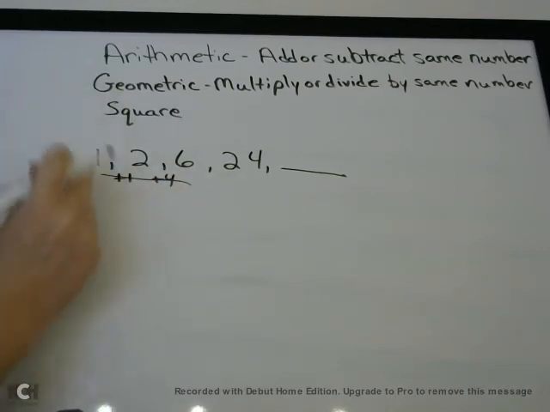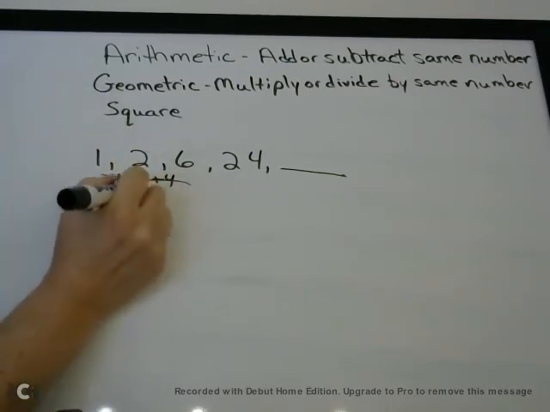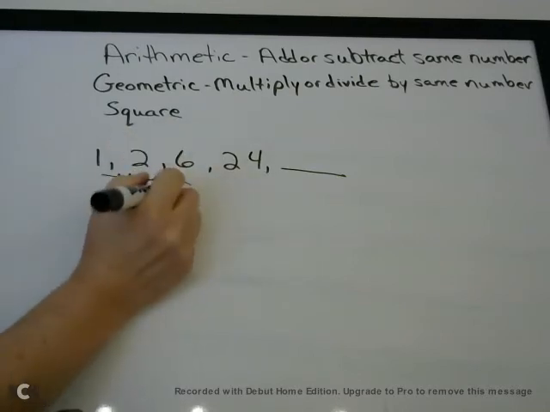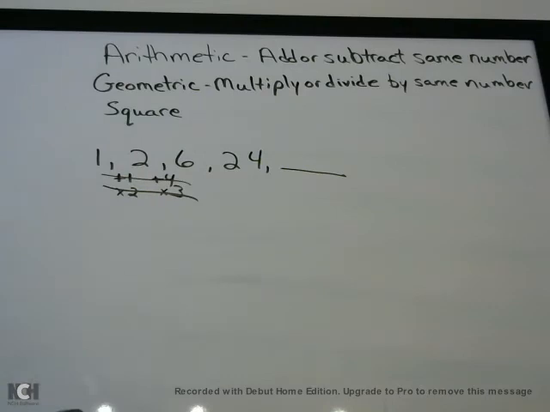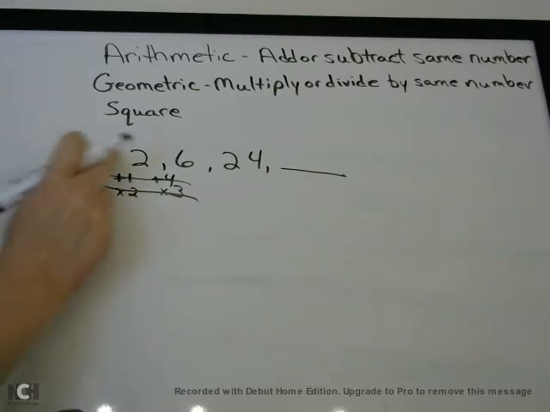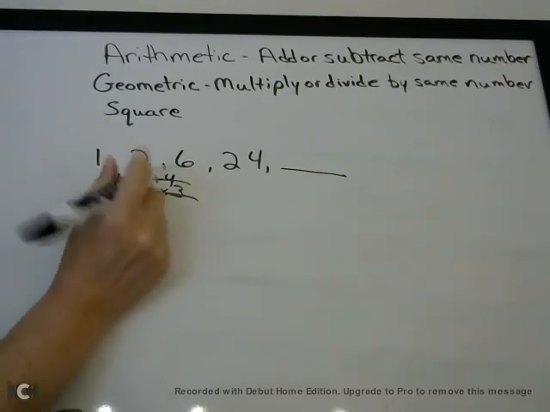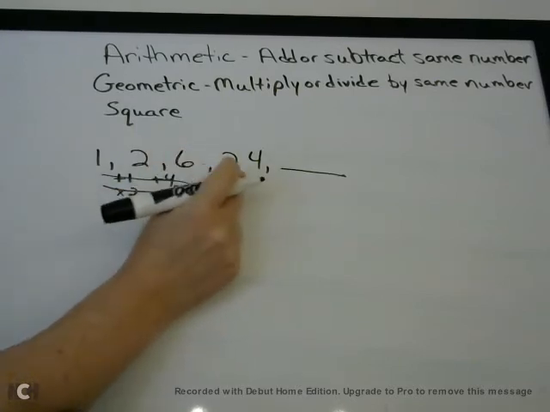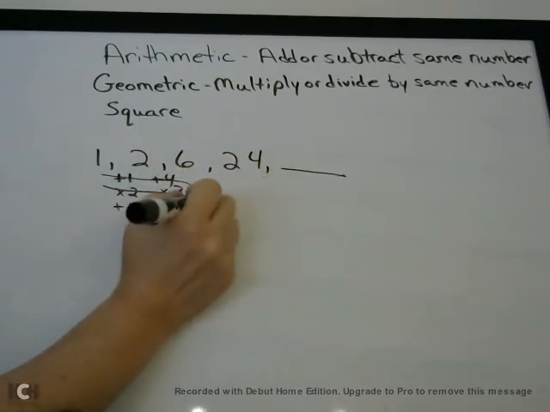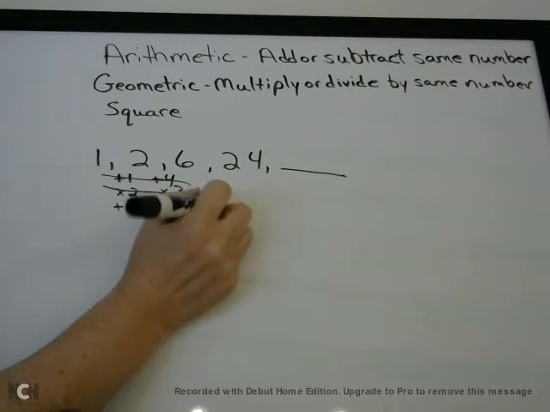Is it geometric? 1 to 2, you multiply by 2, but 2 to 6, you're multiplying by 3. So it's not geometric. So now we think, okay, is it a pattern? And you start with addition, subtraction. 1 to 2, we added 1. 2 to 6, we added 4. 6 to 24, we added, what, 18?